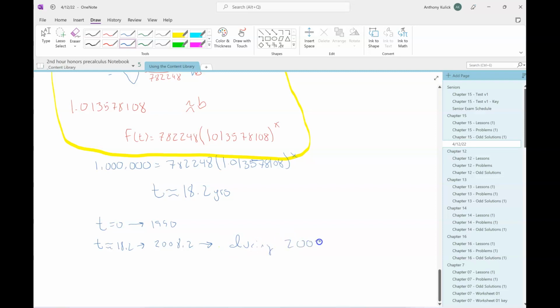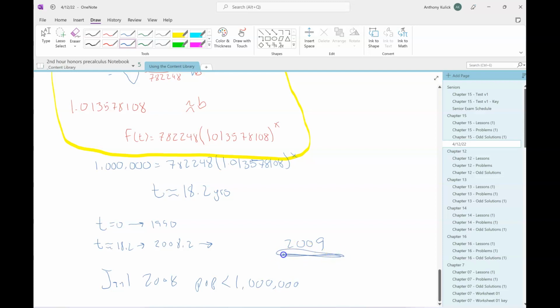Is it during 2009? Right? At 2008, well, I guess we could say, in 2008, when it goes Jan 1, 2008, the population is still less than 1 million.